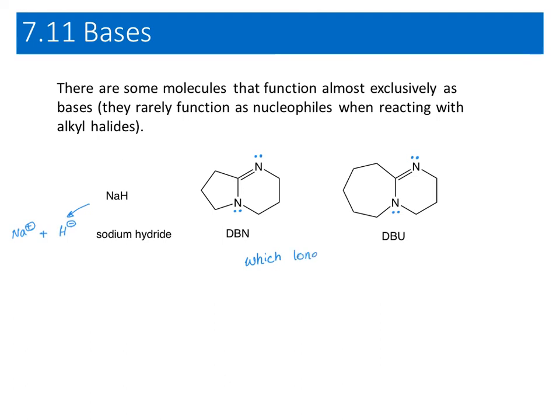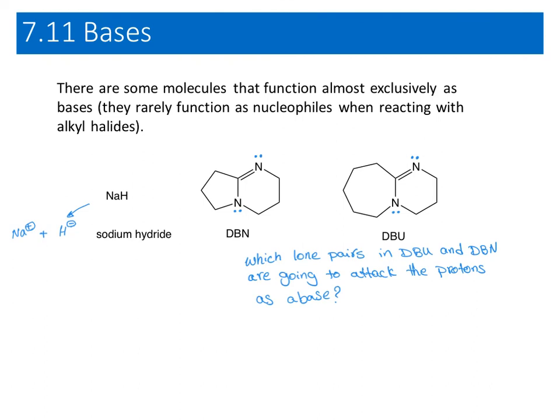Which lone pair in DBU and DBN are going to attack the protons as a base?